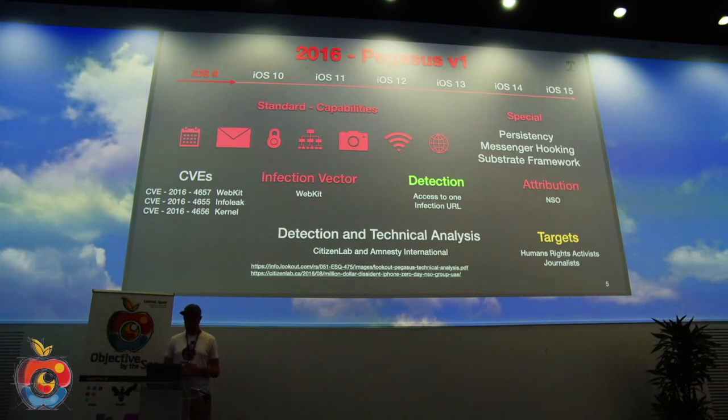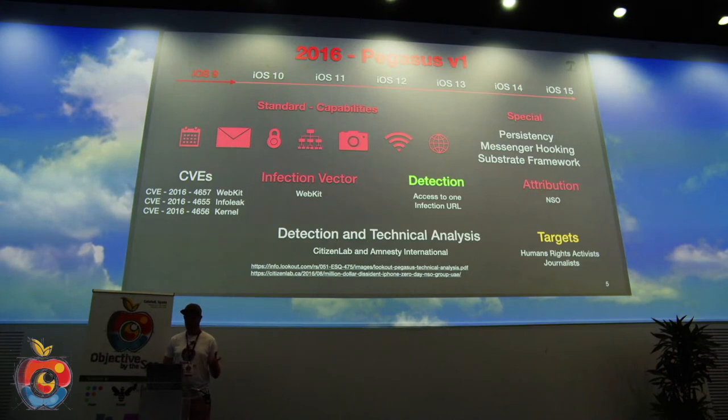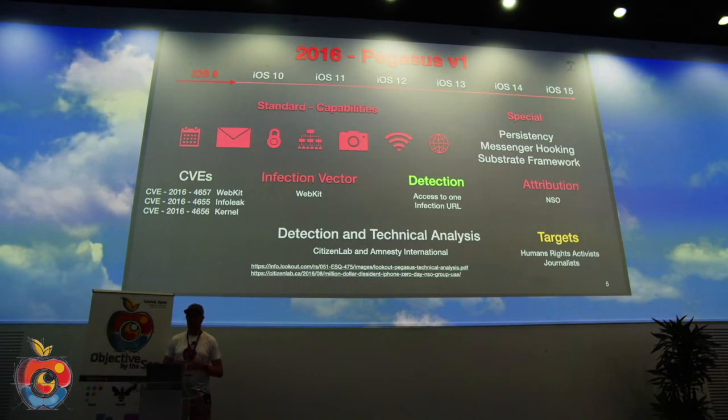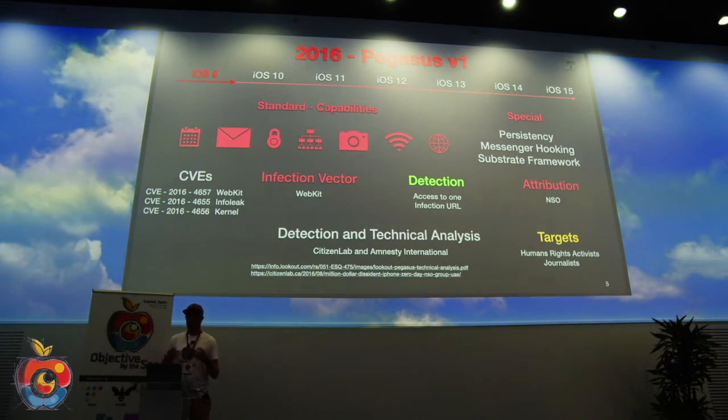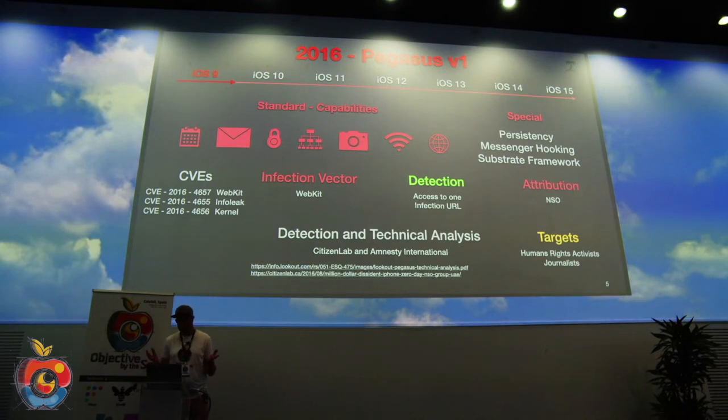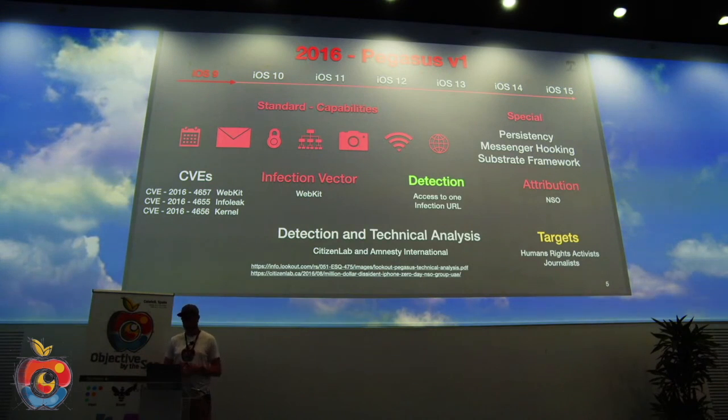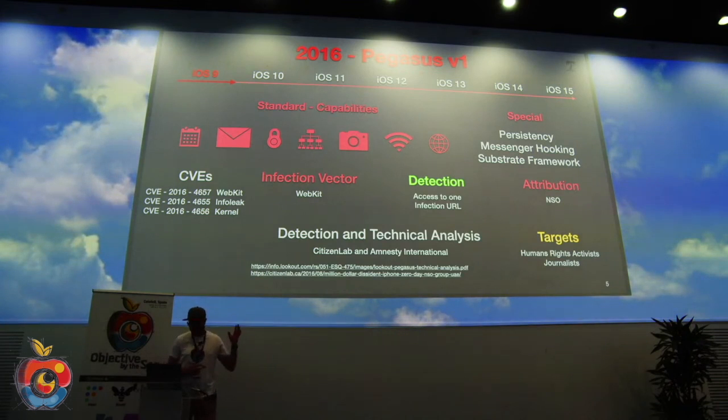At the time, this sample was detected because Citizen Lab got hold of one sample of the infection URL. They downloaded it onto a device and saw that something malicious was going on there. Then they sent that sample over to Lookout to further investigate, and that's actually a typo on the slide.